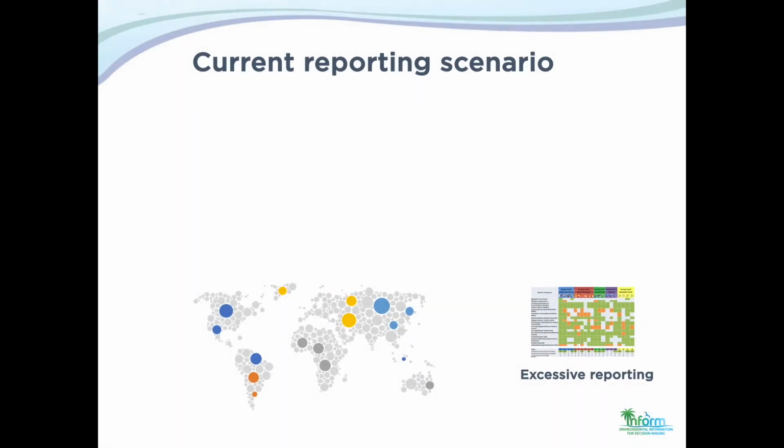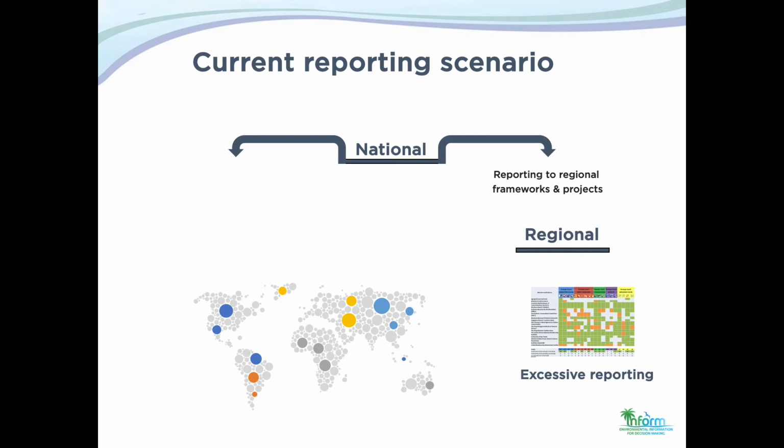The Inform project recognizes the challenge Pacific Island countries face dealing with reporting requirements at national, regional, and global levels. At the national level, we report to our national governments and across several sectors on environmental condition in order to make informed decisions.